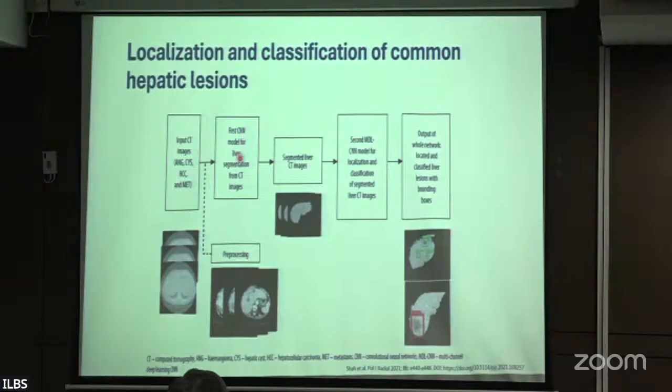Then the first CNN segments the CT liver axial area, and then the second model localizes the liver lesion in the slice. So here you can see the workflow. Everything is CNN model only.